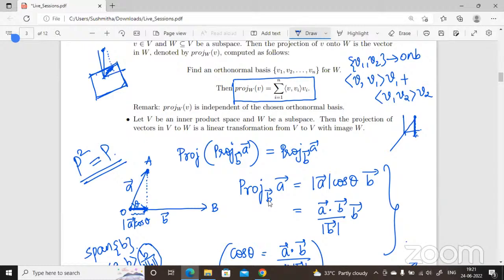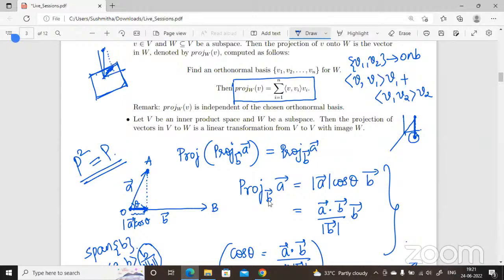And the foot of the perpendicular is going to lie on the plane, right? That is the point I'm looking for. Agreed? So projection is a distance? No, projection means the output is a vector which lies on the plane. It is the foot of the perpendicular of the vector on the plane.